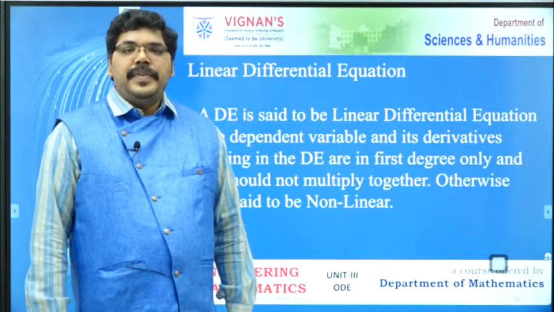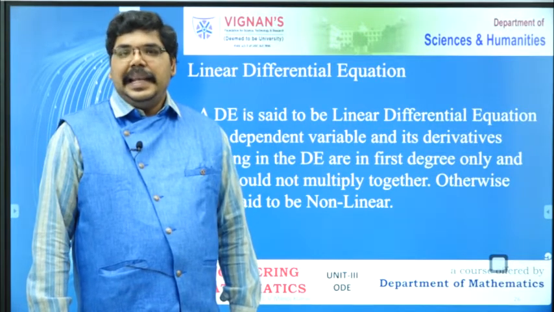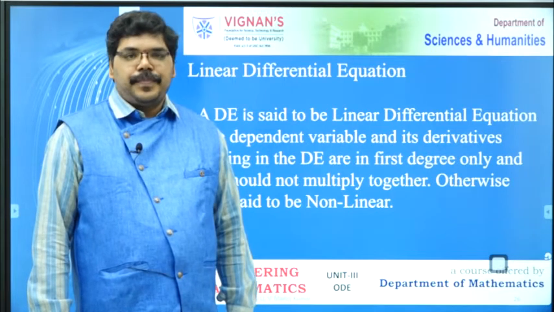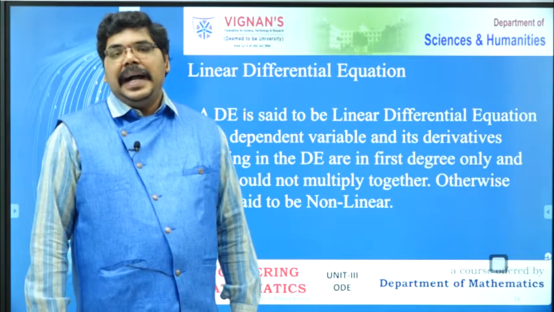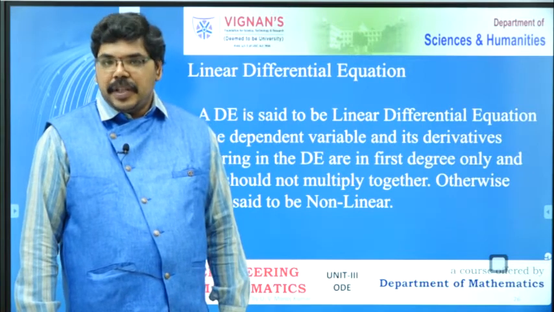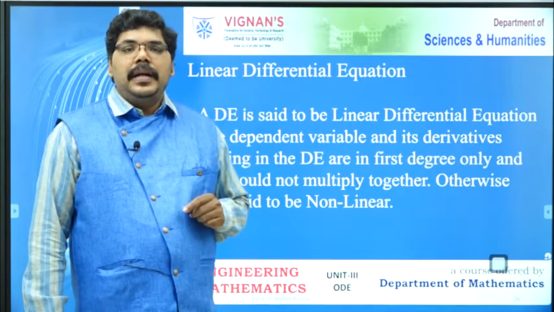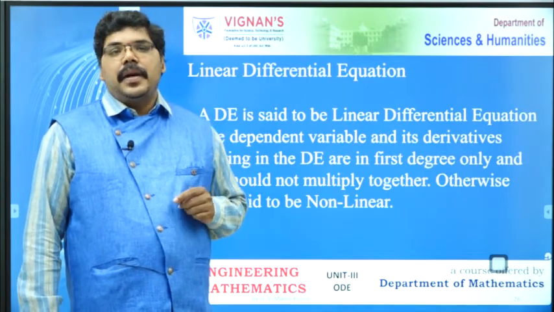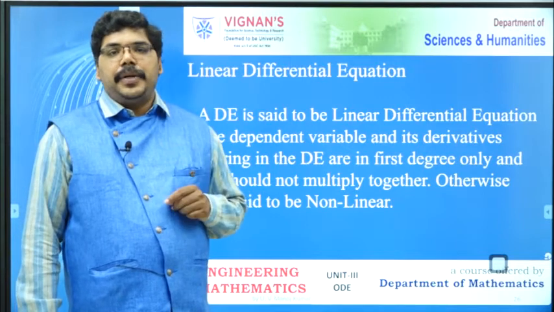Now we will see first order, first degree linear differential equations. What do you mean by linear differential equation? An equation is said to be linear differential equation if the dependent variable and its derivatives are of first degree and they are not multiplied together.